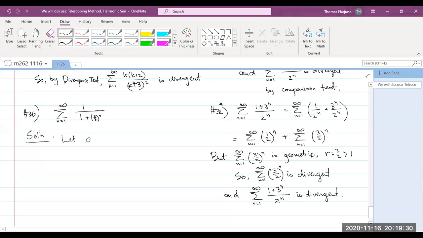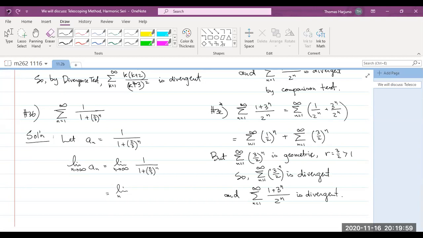Okay, like in this case, solution. Let the n-th term be 1 over (1 plus 2 over 3 to the n). Now what happens when n goes to infinity?